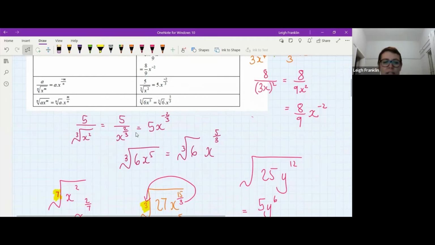Do you guys feel that you need to practice some of this, or can we move on? Is it negative exponent? No, the exponent is not negative because here your x is in the numerator. Oh, right, sorry, because that's over 1, yeah. But thank you for checking because I do make mistakes.